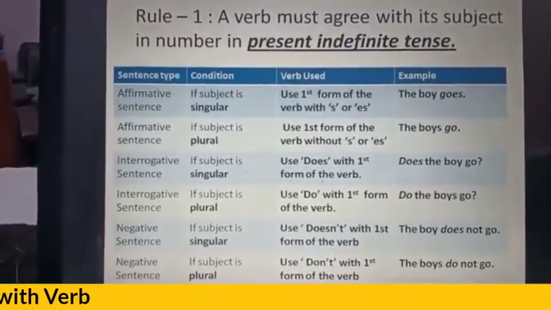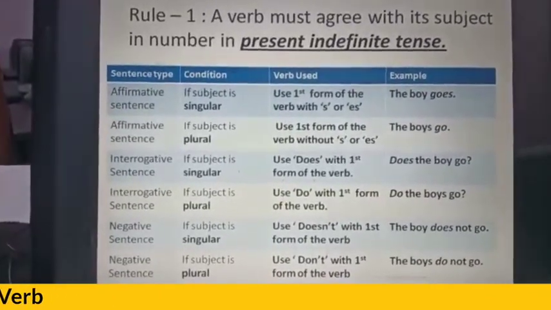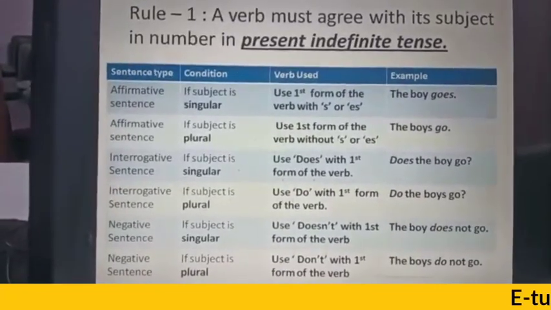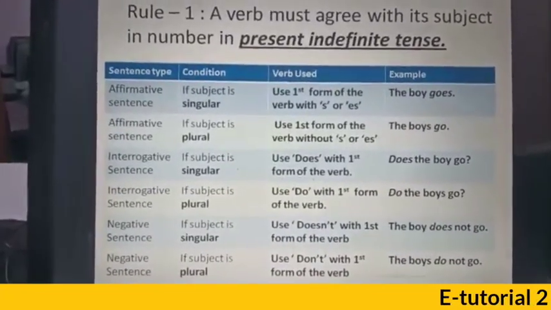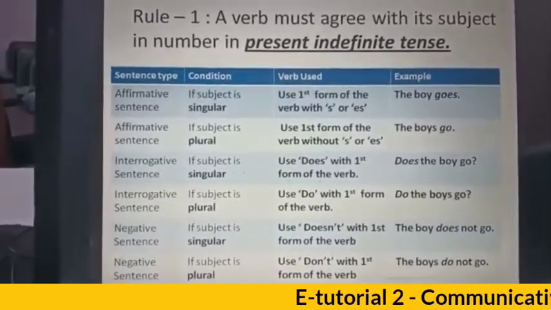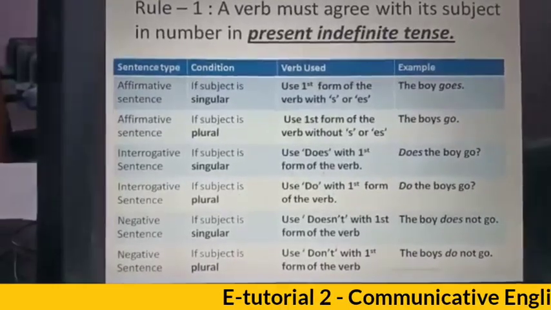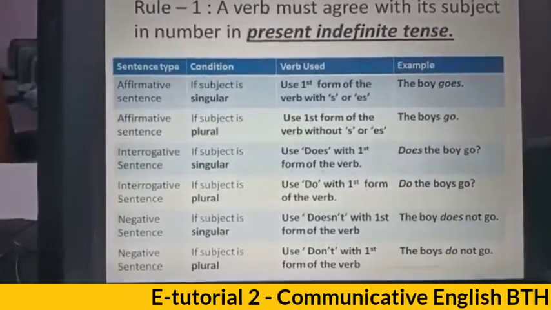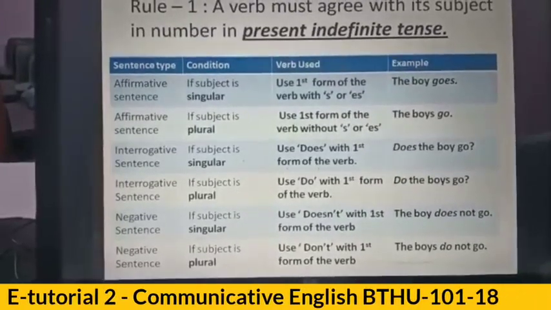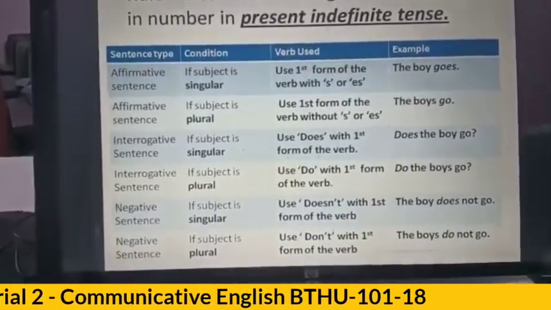See the first rule of agreement of subject with verb, that is, a verb must agree with its subject in number in present indefinite tense. This rule is considered to be the foundation of English grammar. You see, in present indefinite tense, when the subject is singular, we always use first form of the verb with s or es, and when the subject is plural, we never use s or es with first form of the verb.